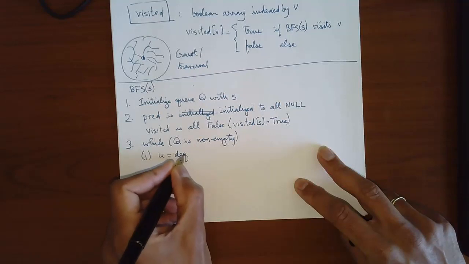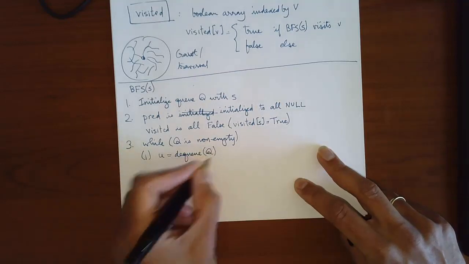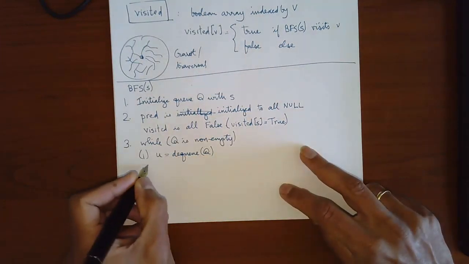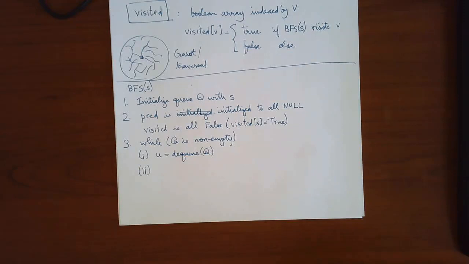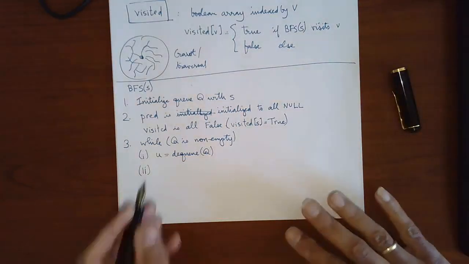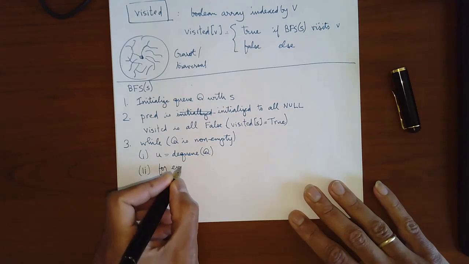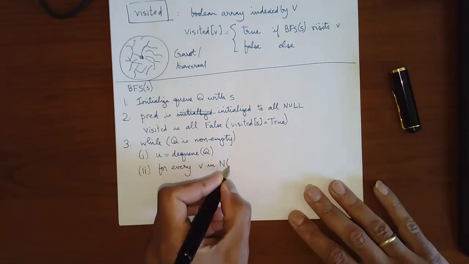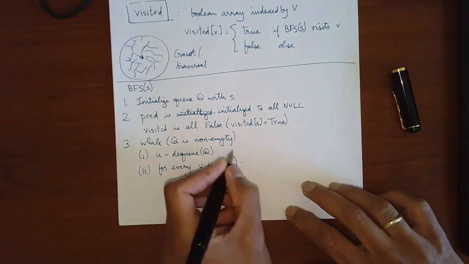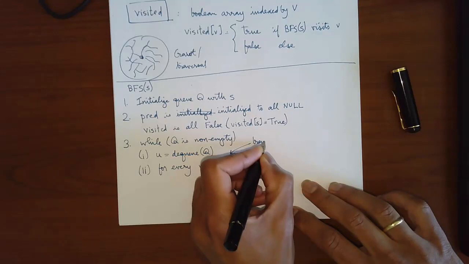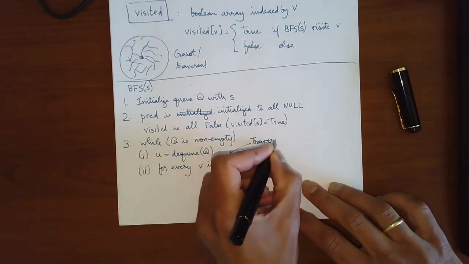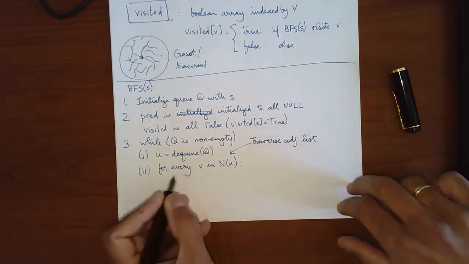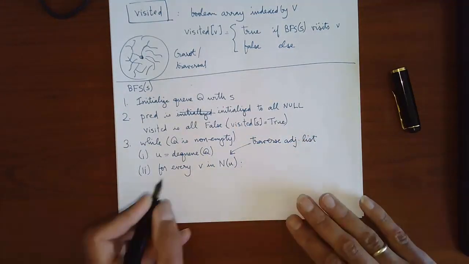We dequeue from the queue, and that's going to be U. Then we do a traversal step: for every vertex V in the neighborhood of U, we traverse the adjacency list, because in the adjacency list you can find all the neighbors.